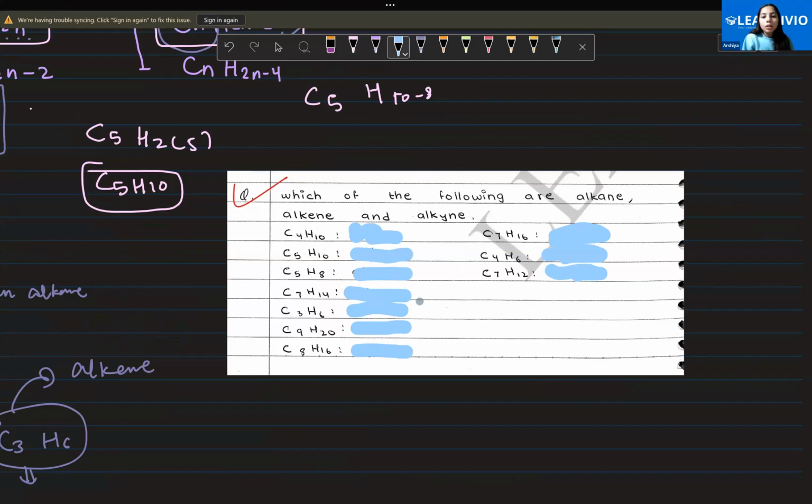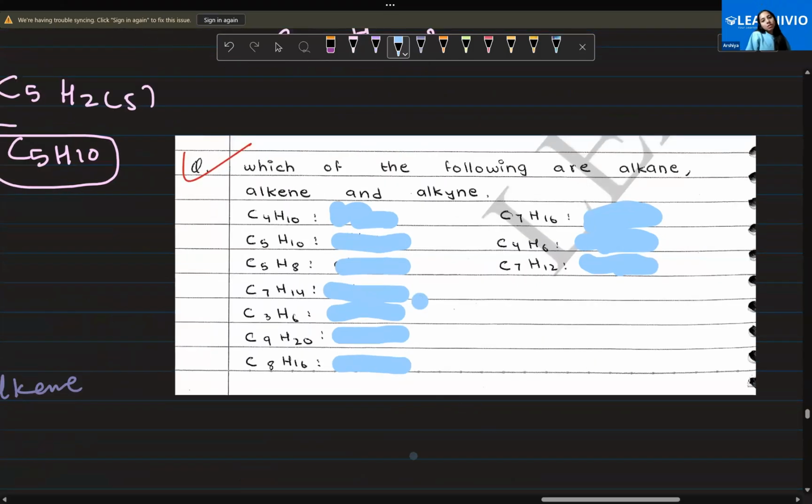Okay, let me tell you which ones you should solve. Solve C7H12, C7H16, and tell me for C9H20 also. Okay, just three. Then we'll end the class.